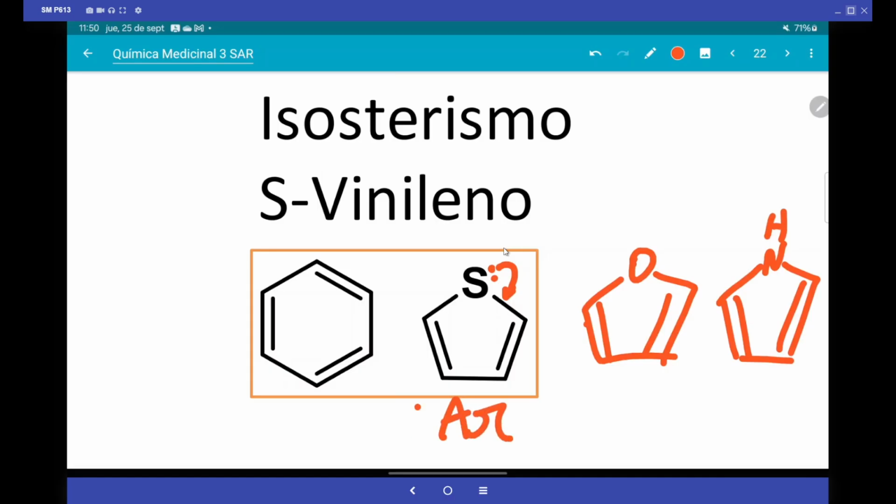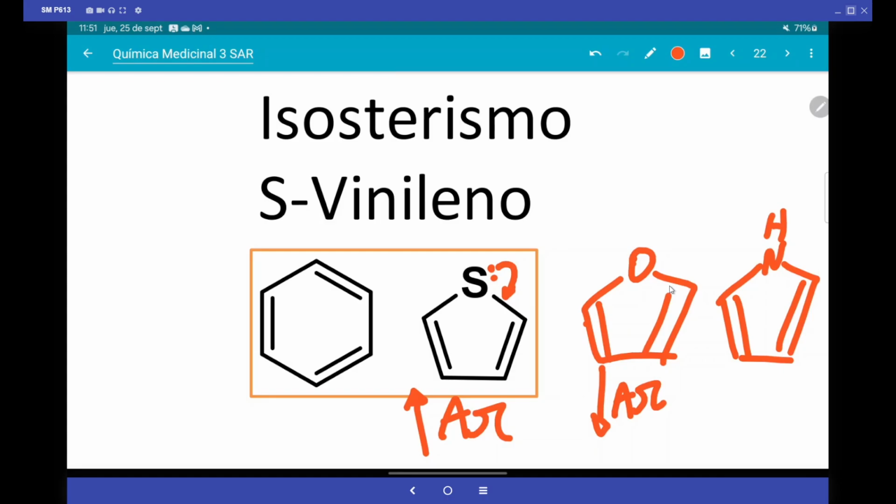If you are looking to replace benzene with something that is very similar in the concept of aromaticity, the most aromatic is the thiophene, and the least aromatic is the furan. The furan is the least aromatic of the series. In fact, the furan is a ring that is a little strange.